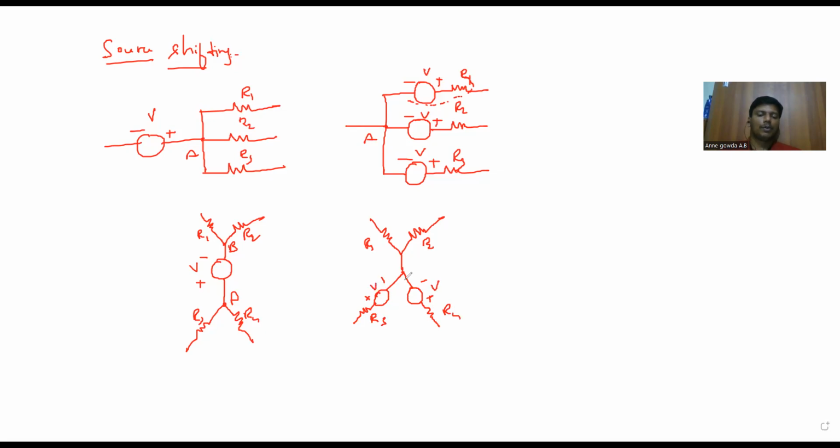Now I have pushed the voltage source V towards node A. This is one scenario of applying source shifting.